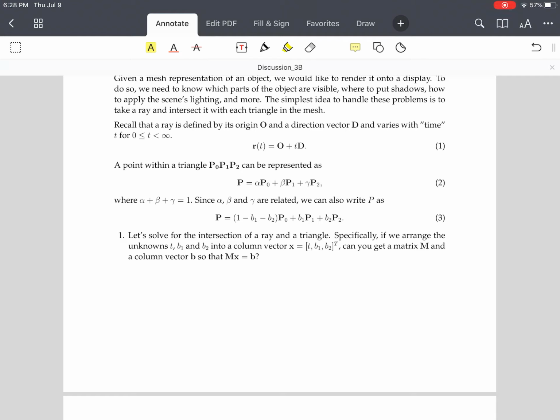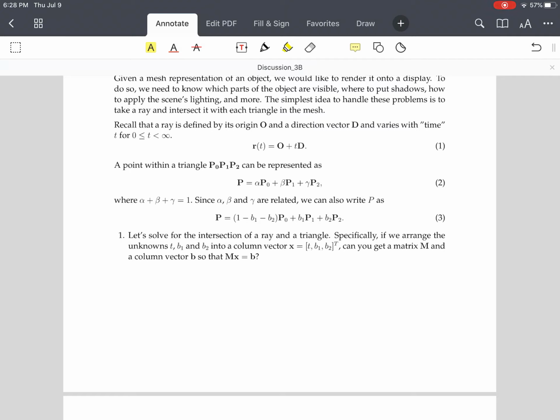We can slightly rewrite this as P is equal to (1 minus b1 minus b2) times P0 plus b1 P1 plus b2 P2, where b1, b2 are alpha and beta.